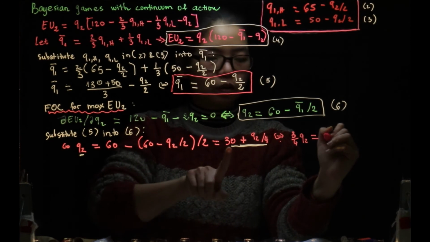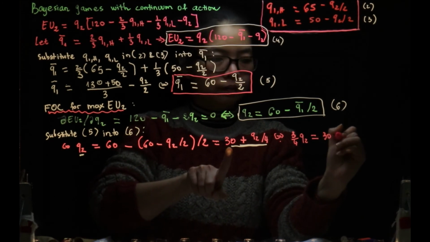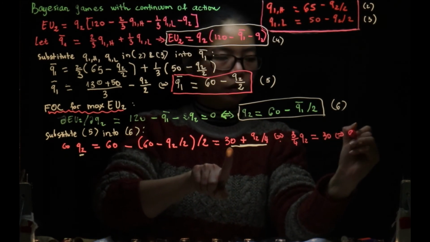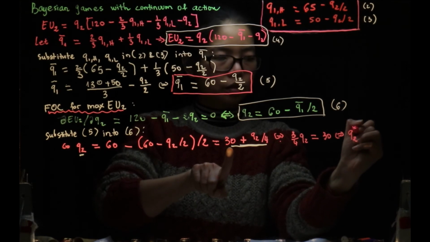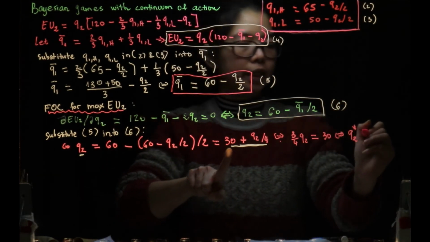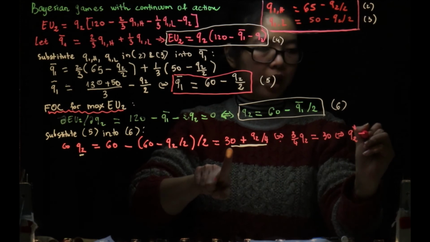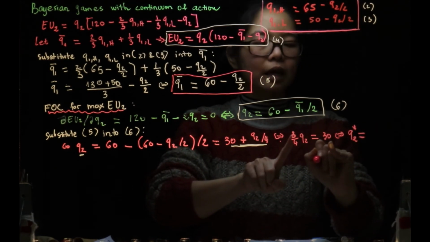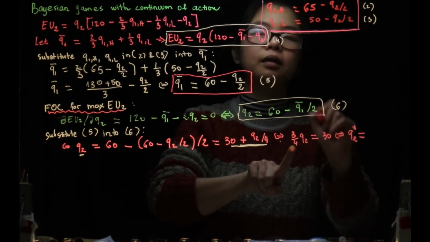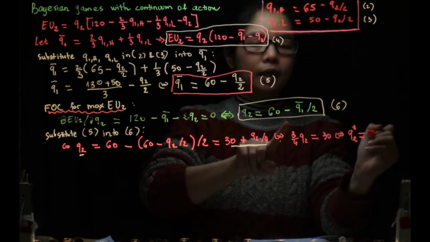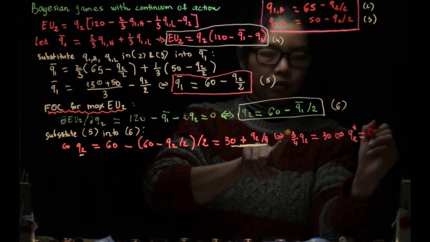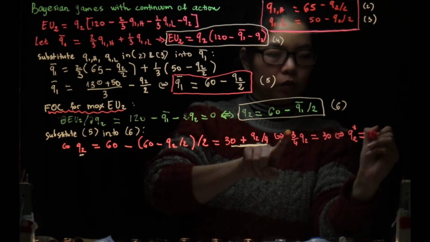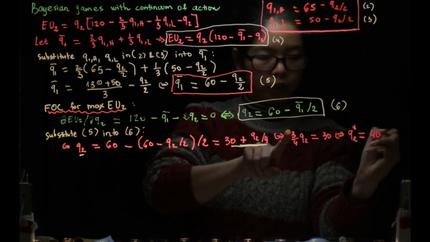And on the right hand side, we have 30 alone. At the end, we will have Q2 star, already denoted by star, because now we have a final solution for it. 30 times 4 is 120 divided by 3. So that would be 40.